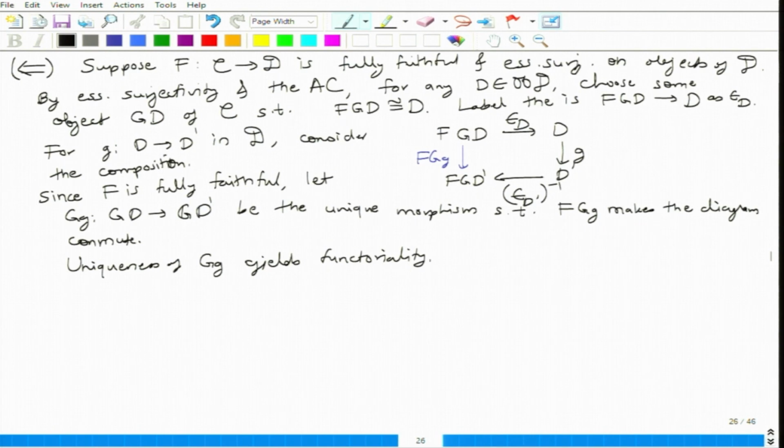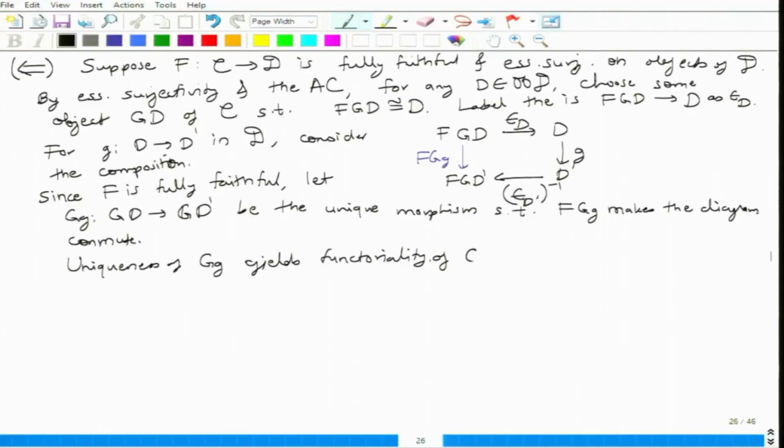Yeah, that's our argument. And similarly, if there is D to D dash and D dash to D double dash and there is a vertical choice, then on the left hand side the vertical choice would be GG, GG dash and their composition.